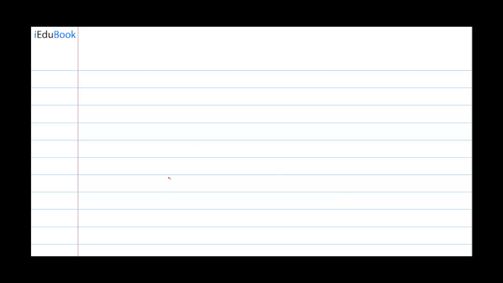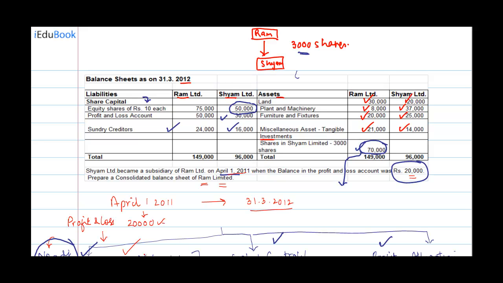Now considering this, let us see the balance sheet. Now basically what do you have? You have certain items which are left behind, okay? The first one being the investment.